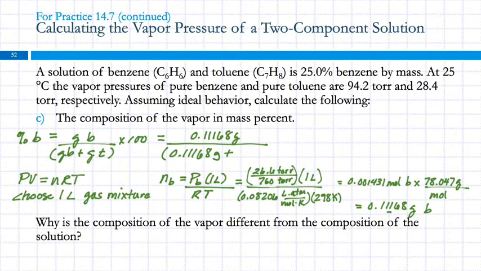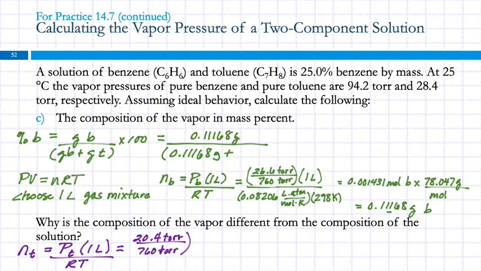So same type of calculation, moles of toluene is going to equal the partial pressure of toluene times my chosen 1 liter divided by RT. And from that first slide, it was 20.4 torr. So dividing by 760 gives me the atmospheres, times 1 liter divided by 0.08206 liter atmospheres per mole Kelvin times 298 Kelvin.